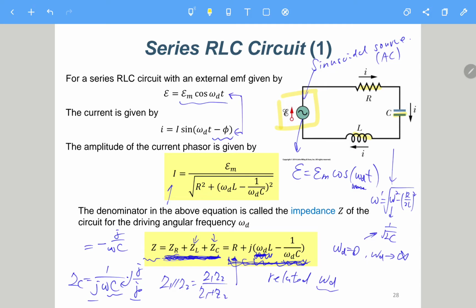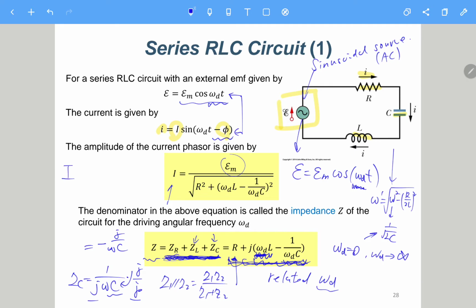The current I will be another sinusoidal, so we only need to determine the amplitude and the phase between the voltage and the current.